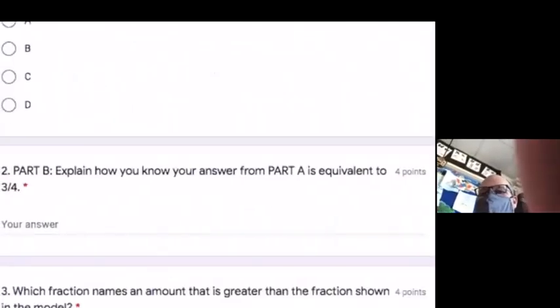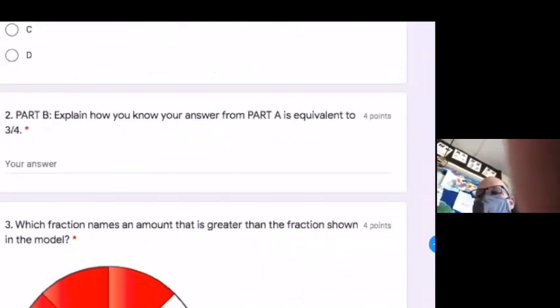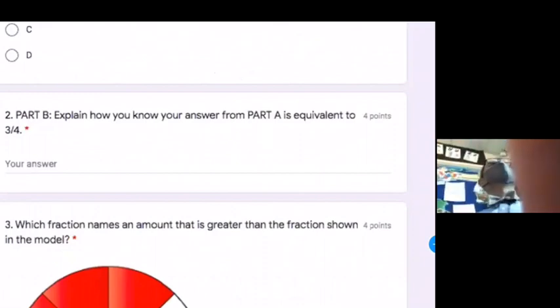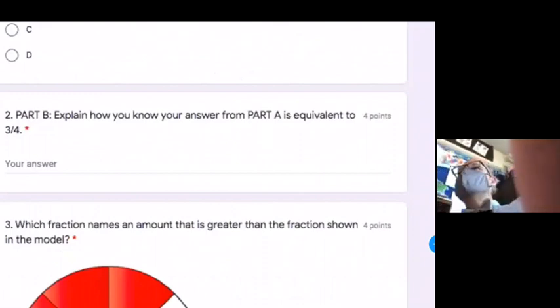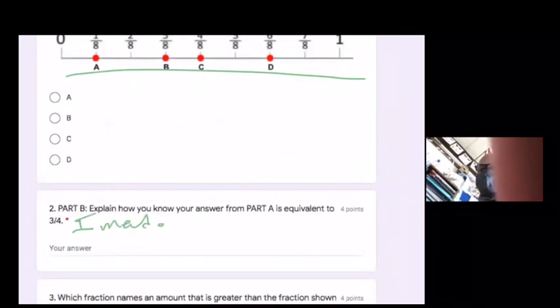Part B, explain how you know your answer from part A is equivalent to 3/4. How do you know? Well, what did we do? Made an additional number line.